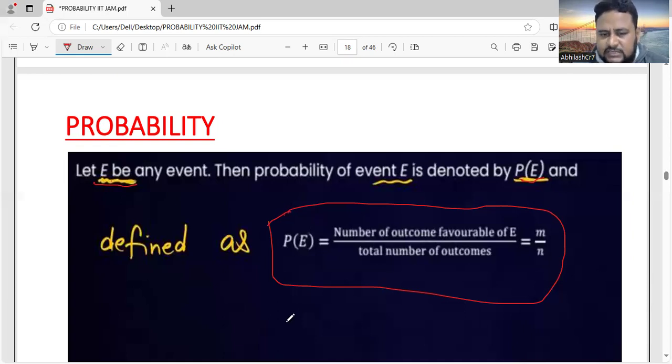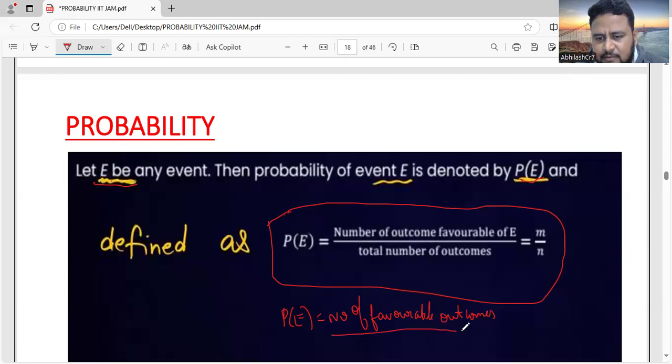Or in simple words, the probability of an event is the number of favorable outcomes divided by the total number of outcomes. Divided by what, friends? Total number of outcomes. That is the sample space.